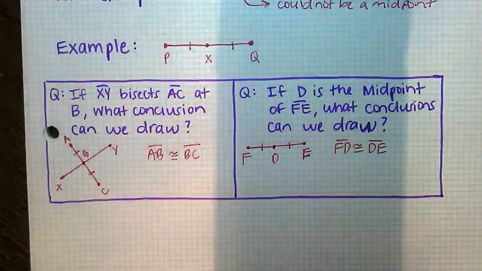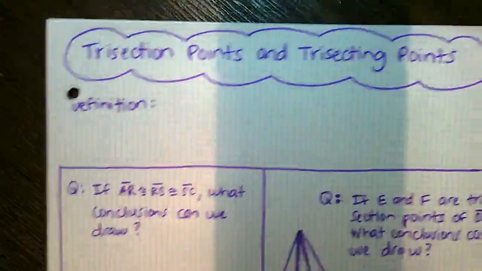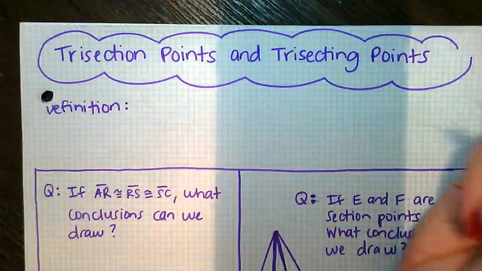All right, let's look at the next vocabulary word. Now we're going to talk about trisection points or trisecting points. Let's just get down the definition first.